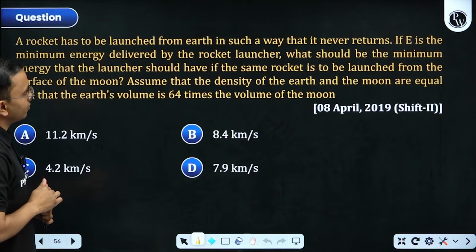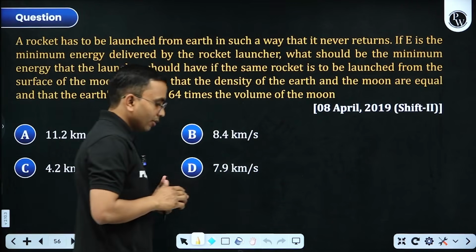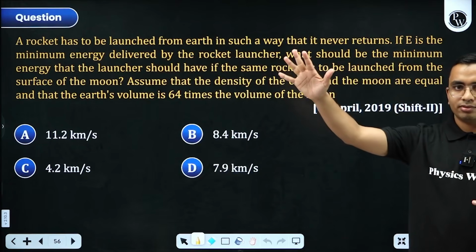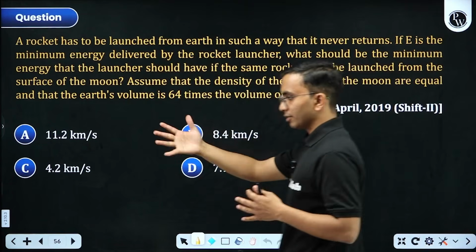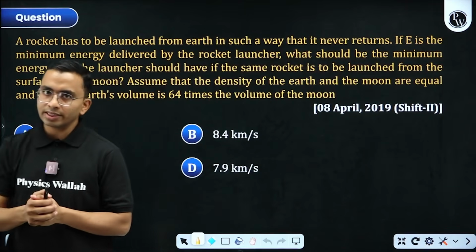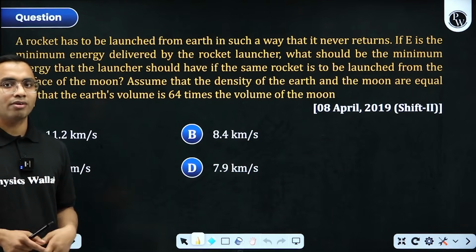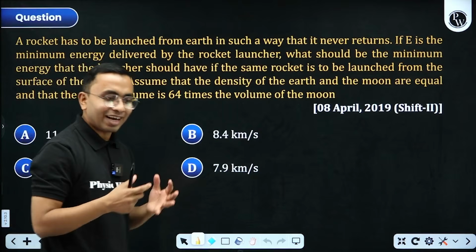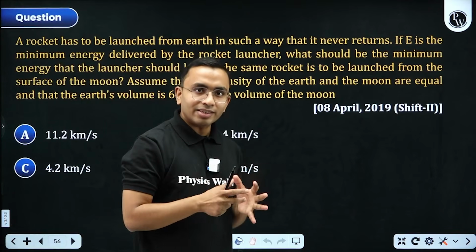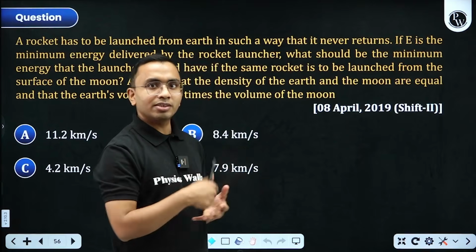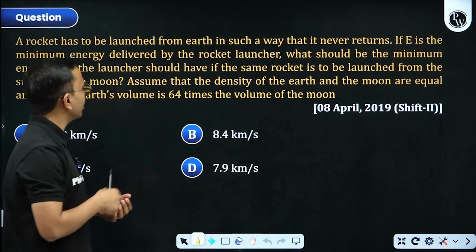It means I have to give such energy that it escapes. Half mv escape square, or directly you can say the initial kinetic energy plus the potential energy becomes equal to 0, that is minus gmm by r. Any one of the ways you can say.